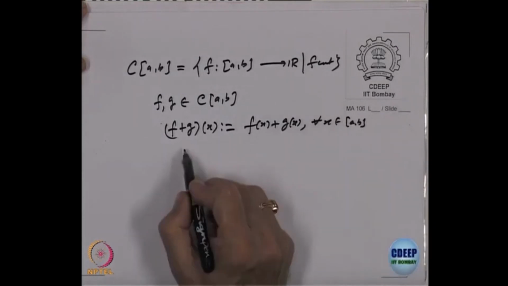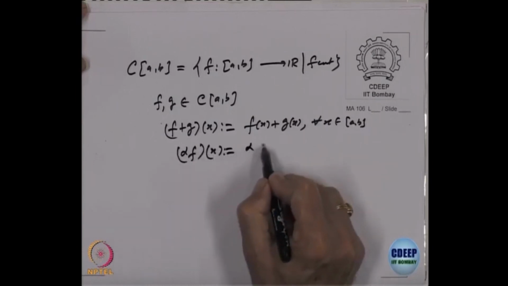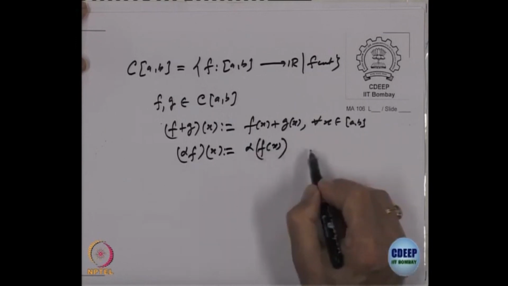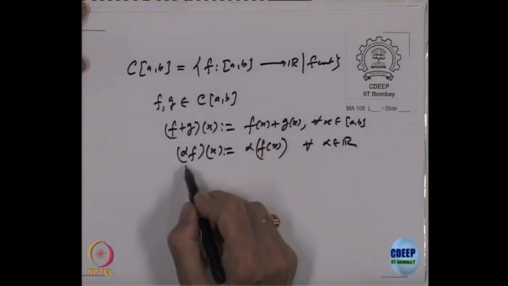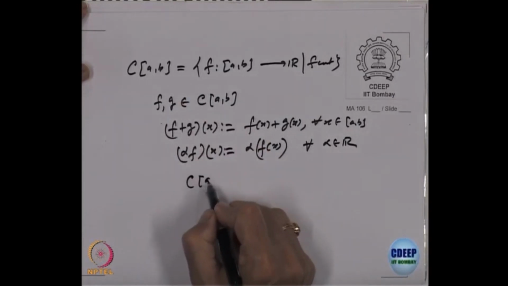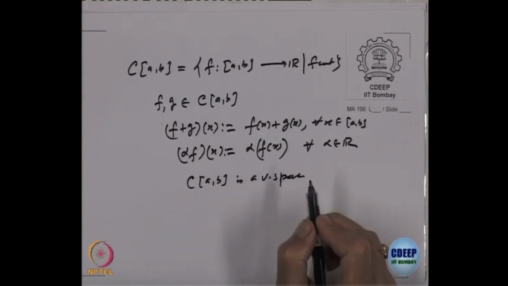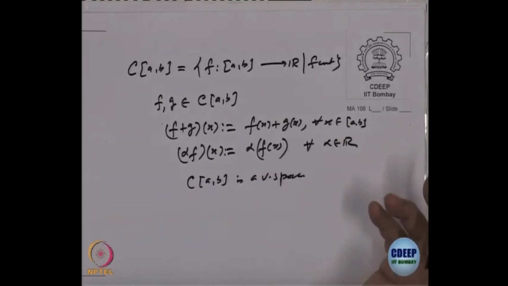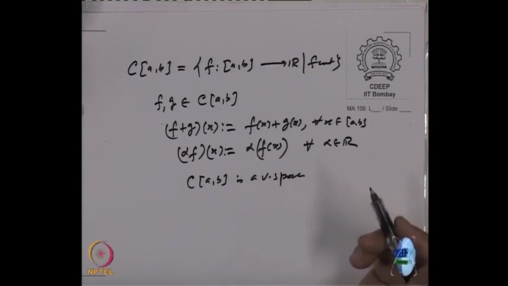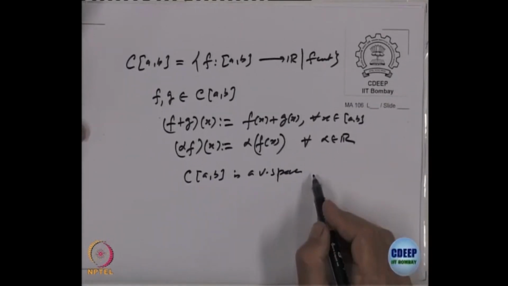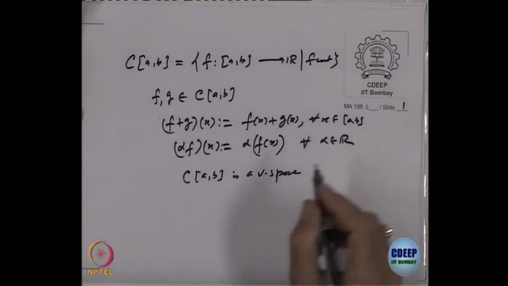And alpha times f at x is alpha times f of x, for every alpha belonging to R. Under this addition and scalar multiplication, C[a,b] is a vector space. It becomes a vector space because addition of functions is associative and commutative, the zero function is there, and all those properties hold.